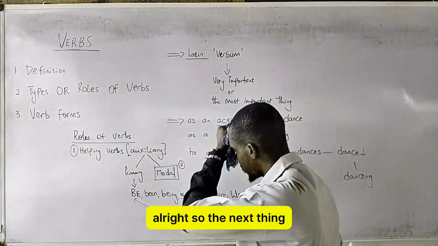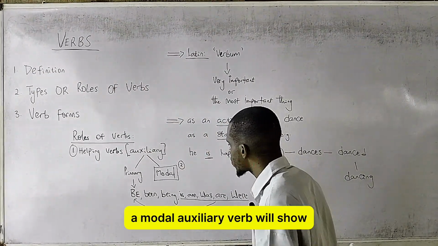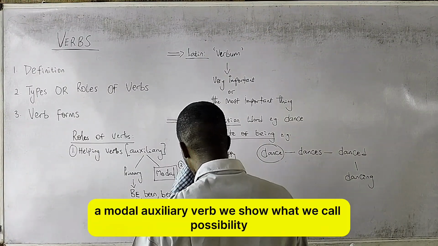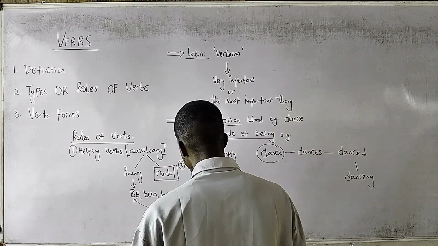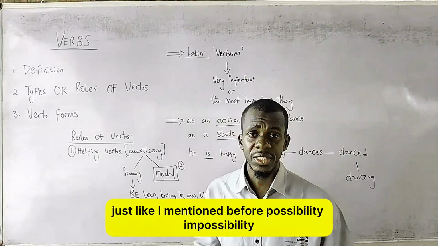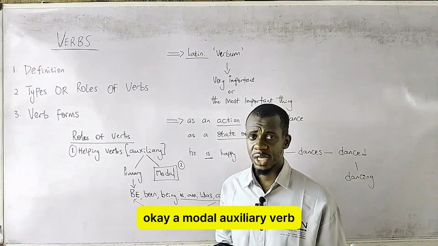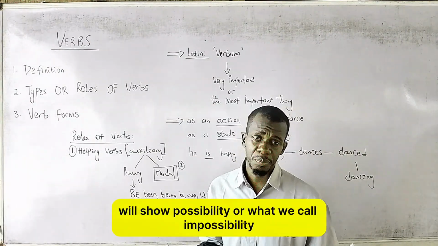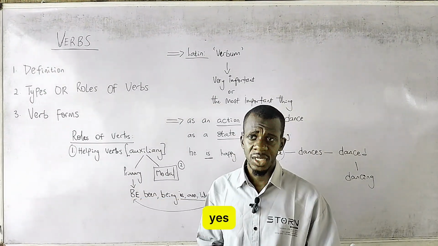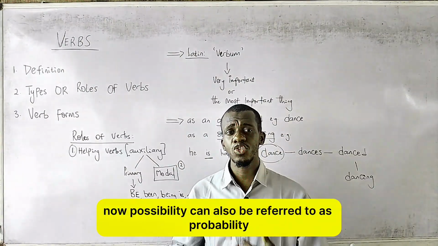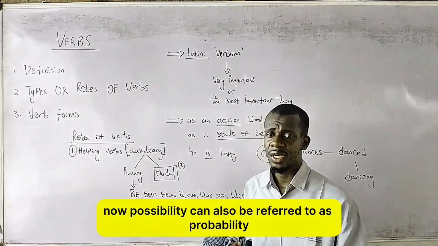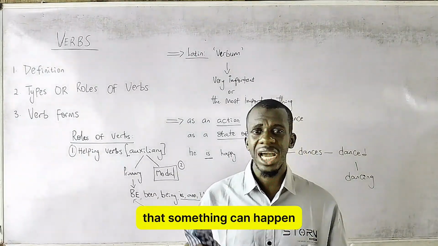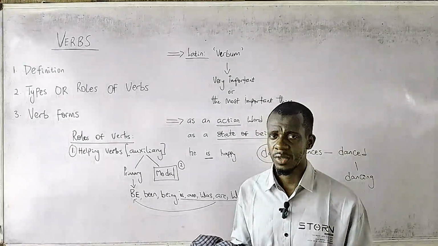Excellent. All right. So the next thing a modal auxiliary verb will show is what we call possibility. Just like I mentioned before, possibility, impossibility. Okay, a modal auxiliary verb will show possibility or what we call impossibility. Yes. Now, possibility can also be referred to as probability, the chance, okay, that something can happen. You see that now?